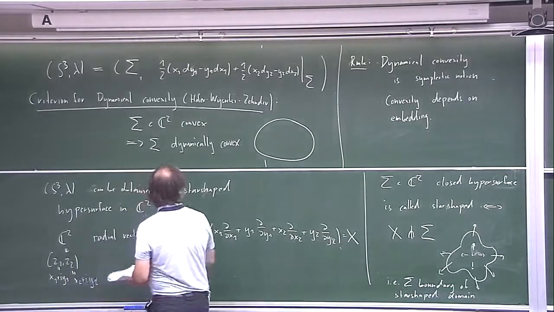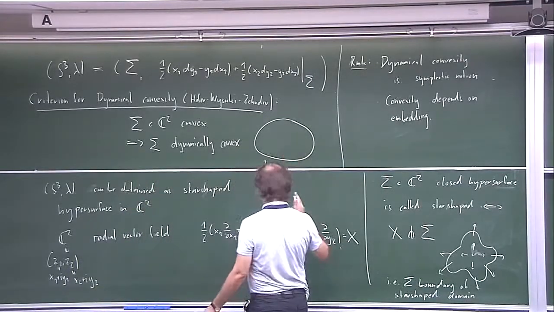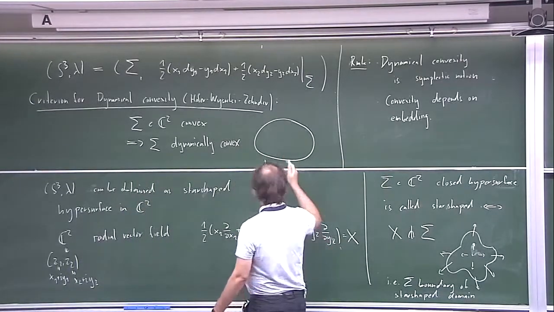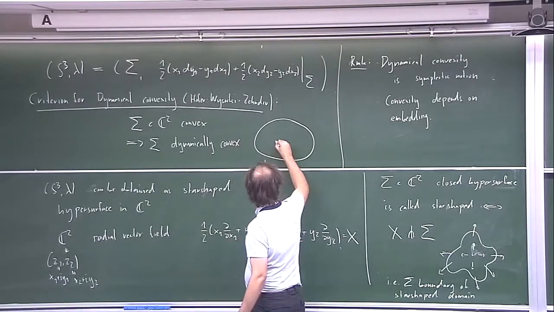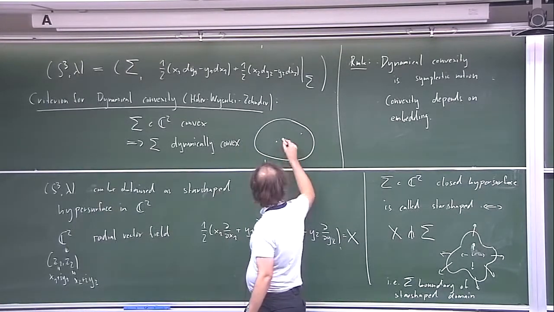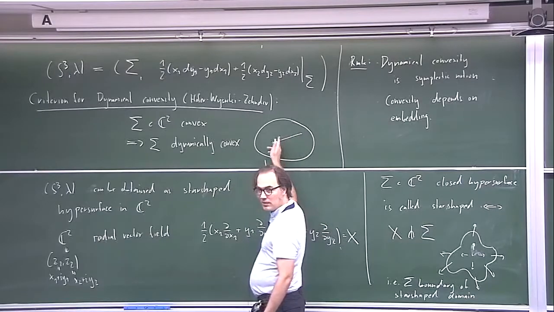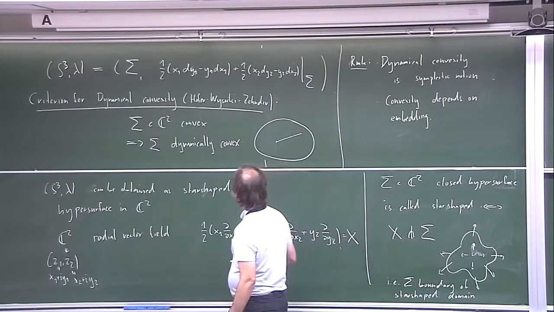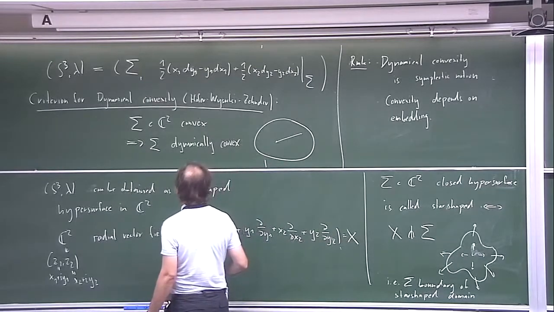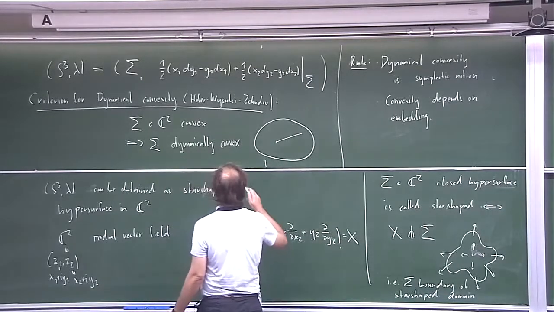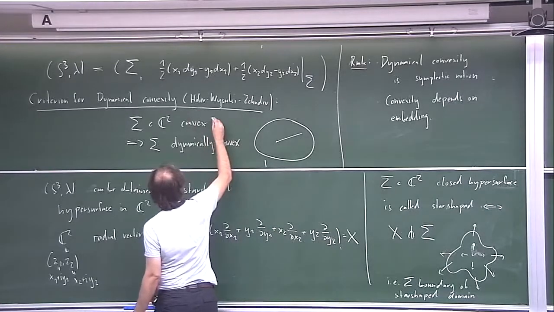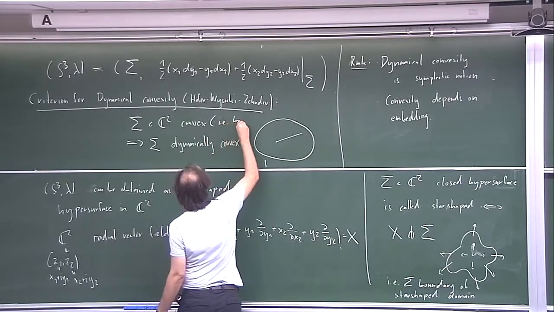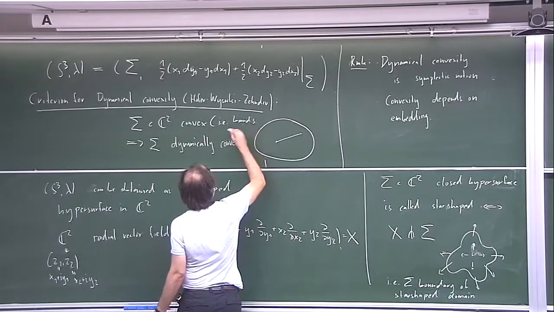By convex, I mean that it bounds a convex domain, so that if you have two points, the line segment between them is completely contained in this domain. Usually. Right. Also convex, i.e. bounds a convex domain.